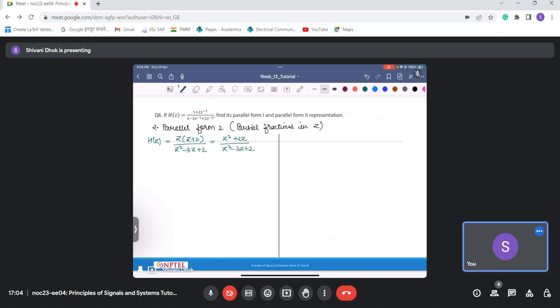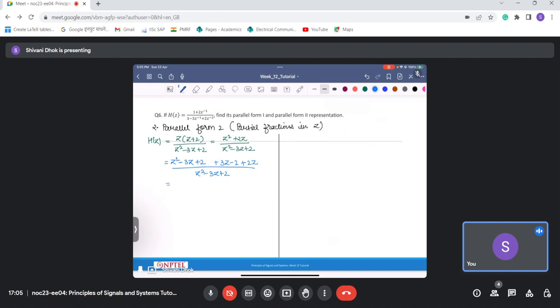Now this I can simplify as z square minus 3z plus 2. I had added minus 3z plus 2, so I'll have to compensate it. So I'll have plus 3z minus 2, and this 2z was already here, so it will be 2z whole divided by z square minus 3z plus 2.